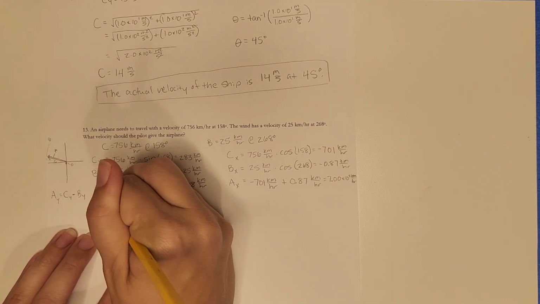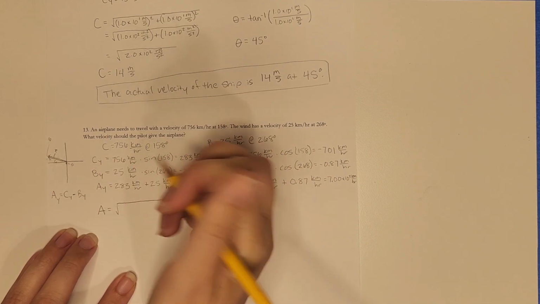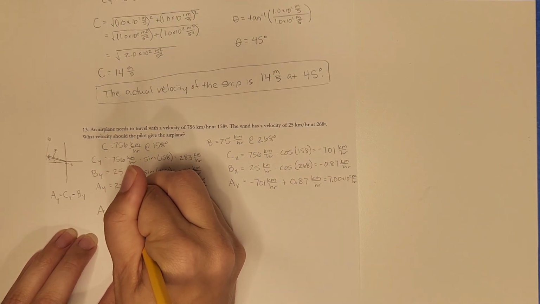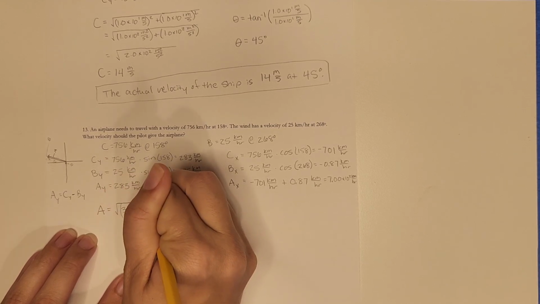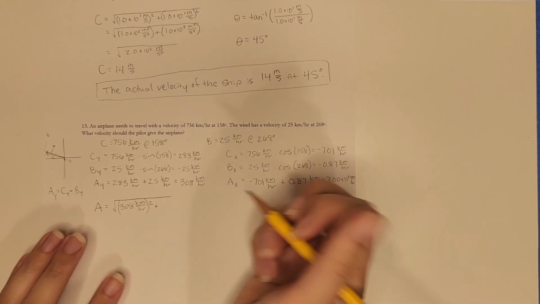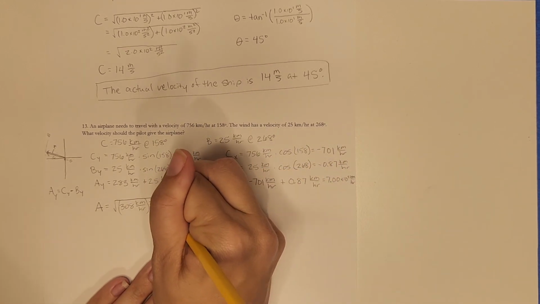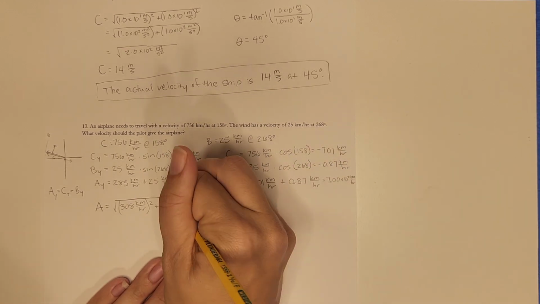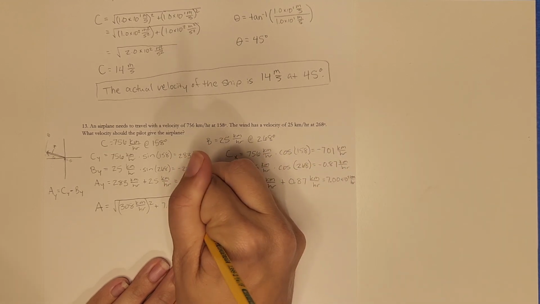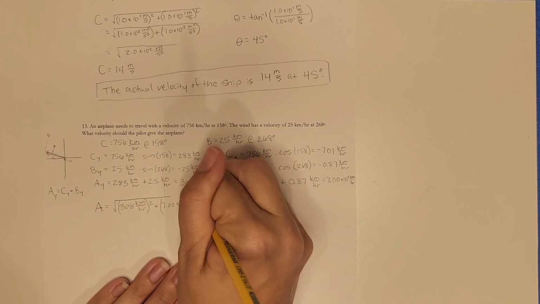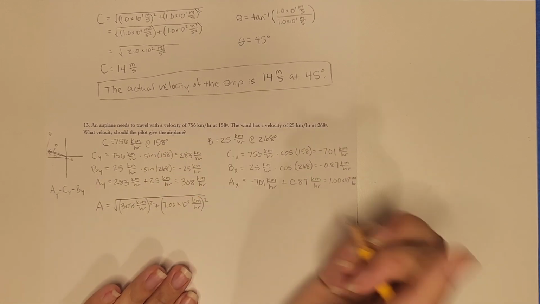So A is going to be the square root of 308 kilometers per hour squared plus 7.00 times 10 squared kilometers per hour. All of that squared.